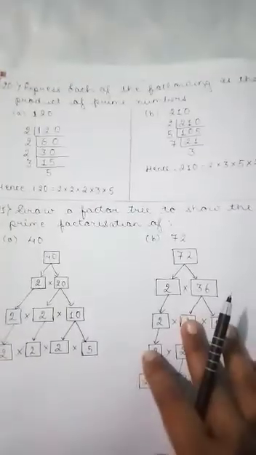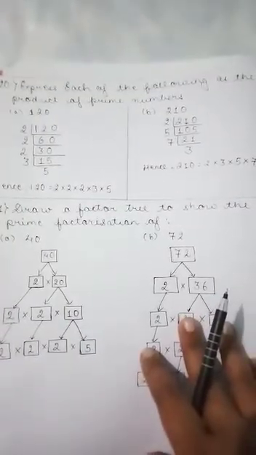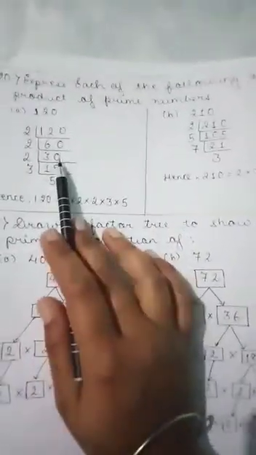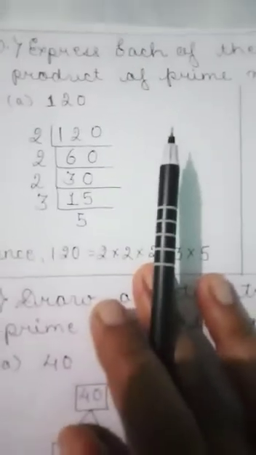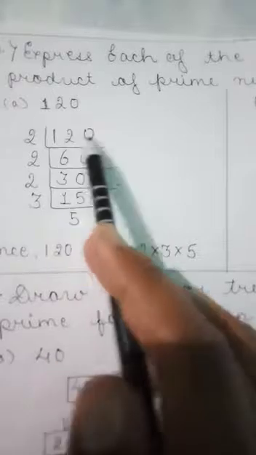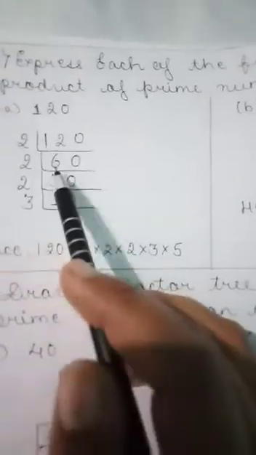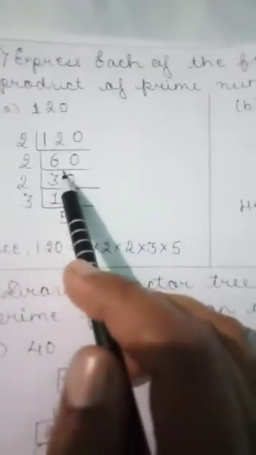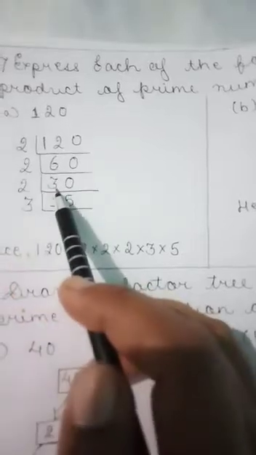Next, 20. Express each of the following as the product of prime numbers. First question 120. You have to express it as a product of prime factors. 2 into 60 is equal to 120. You will write 2 here, 60 here. Now 60 you can further break as 2 into 30.